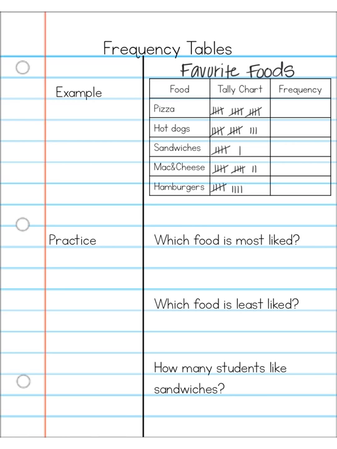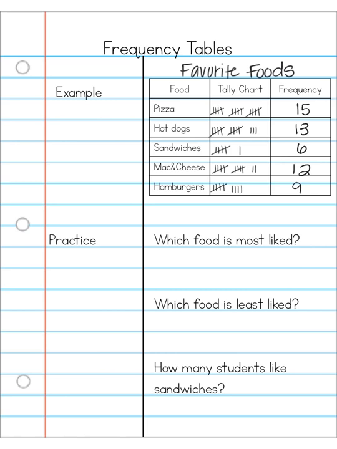If I look at pizza, that's 15 tallies. So that means that 15 people said that pizza was their favorite food. Hot dogs has 13 tallies. Sandwiches has 6. Mac and cheese has 12. And hamburgers has 9. So the frequency of pizza being a favorite food would be 15. It happened 15 times.